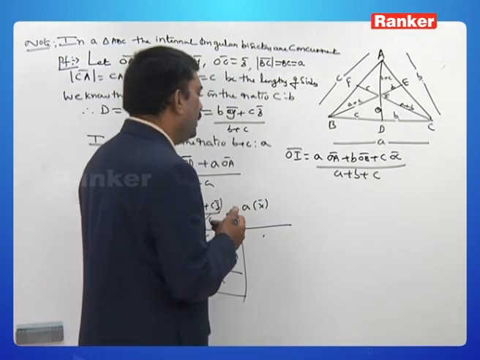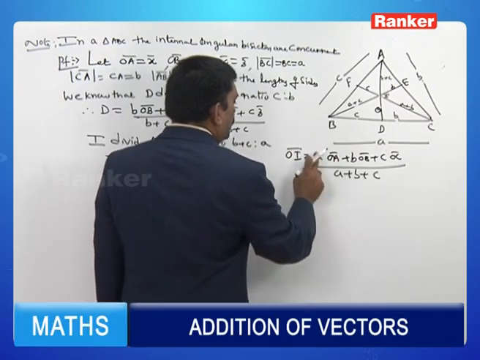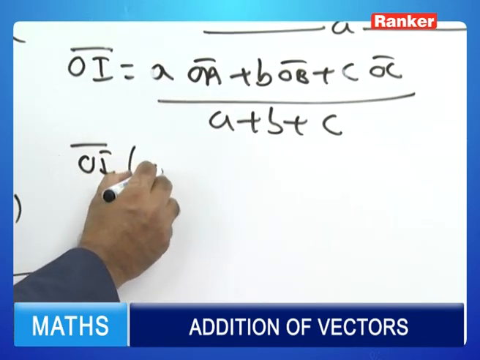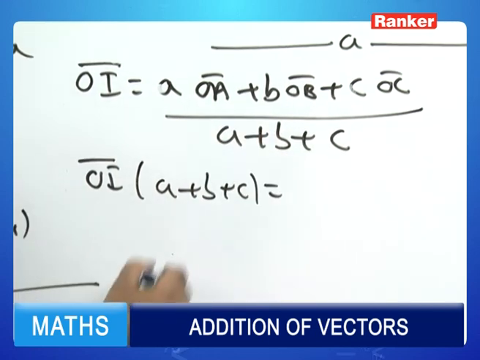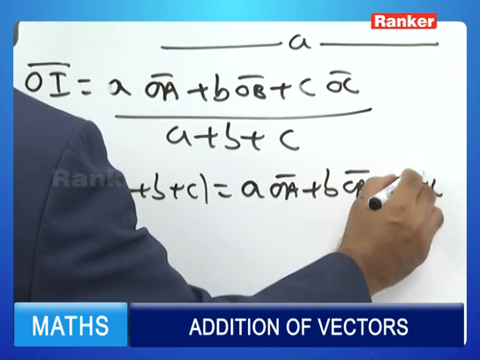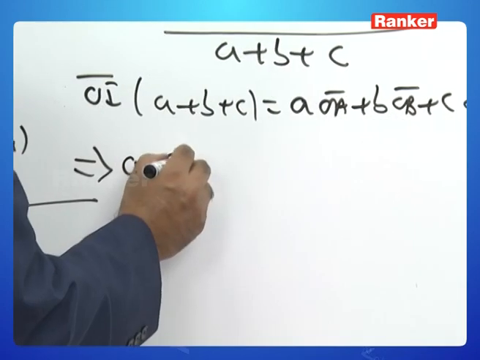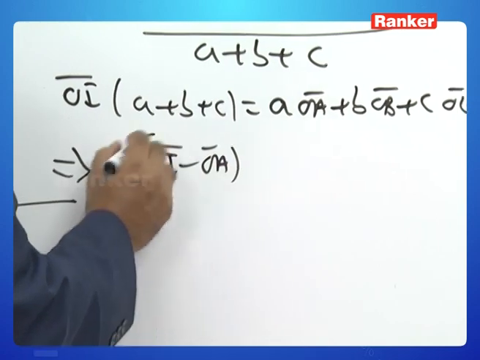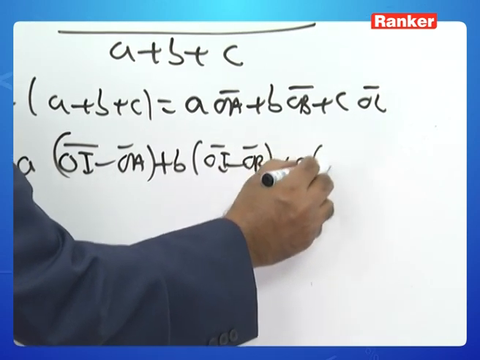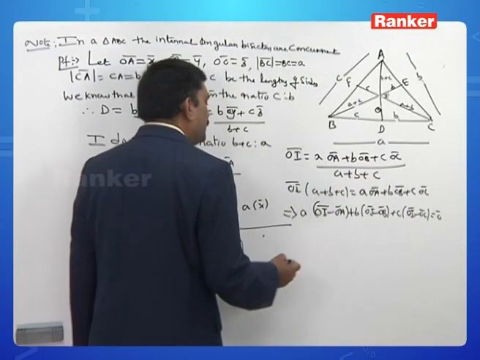You cross multiply. If you cross multiply, OI bar into A plus B plus C is equal to A into OA bar, B into OB bar, C into OC bar. Take common factor. This becomes A into (OI bar minus OA bar) plus B into (OI bar minus OB bar) plus C into (OI bar minus OC bar) is equal to 0 bar or 0, as you please.